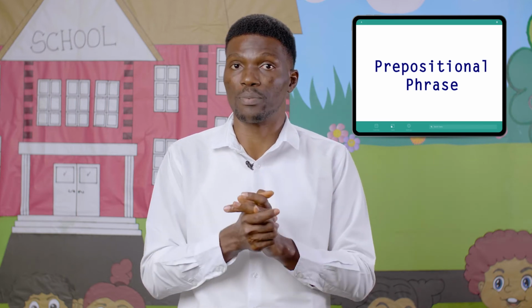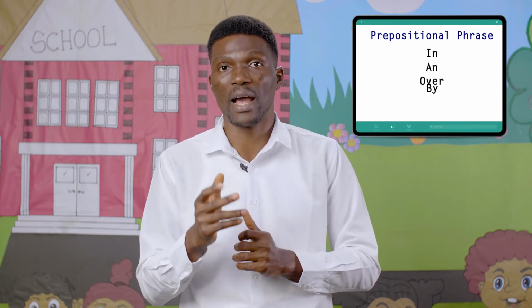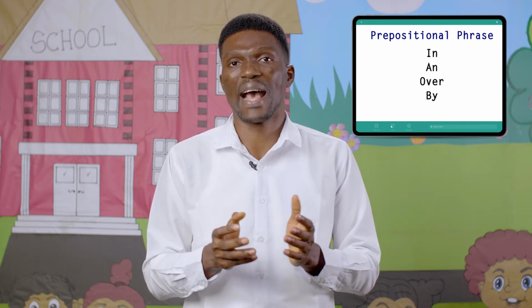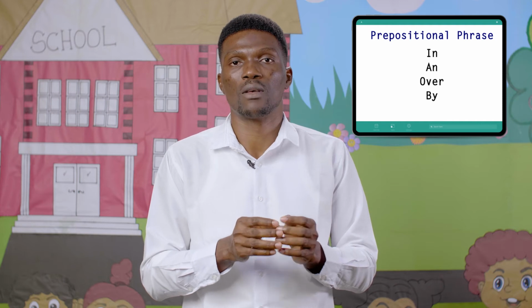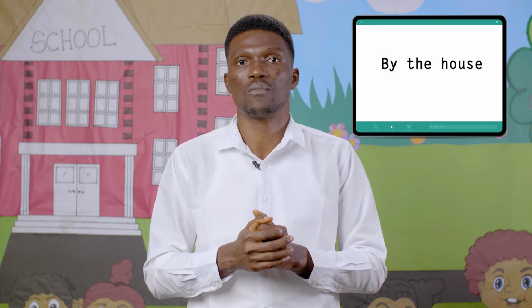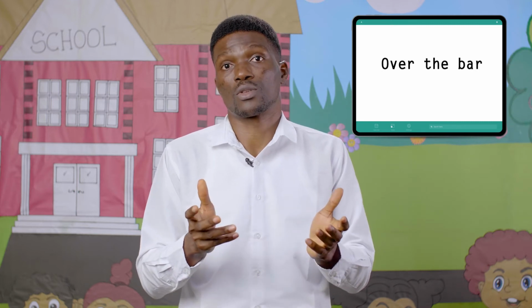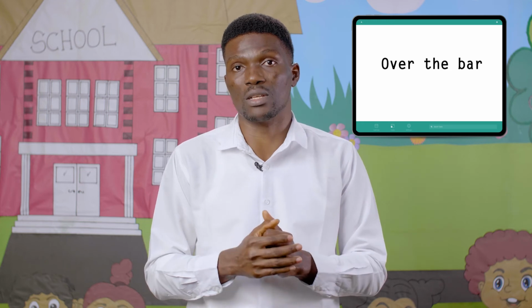Do you know what your prepositions are? We have in, we have on, over, by. All of these are prepositions. So if you have a phrase that begins with a preposition like by the house, over the bar, all these are prepositional phrases. If you ask me, they're very easy to identify.